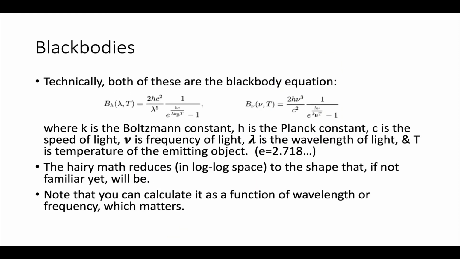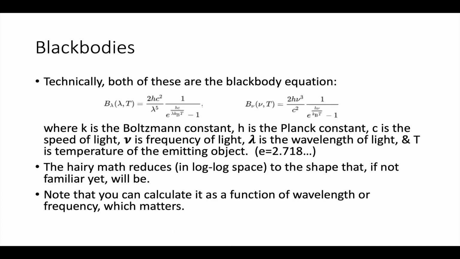So technically, both of the equations there, they look pretty hideous, but both of them define a black body. The one on the left is a function of wavelength. The one on the right is a function of frequency. The other terms in here: k is the Boltzmann constant, h is the Planck constant, c is the speed of light, nu is the frequency of light, lambda is the wavelength of light, and T is the temperature of the emitting object.